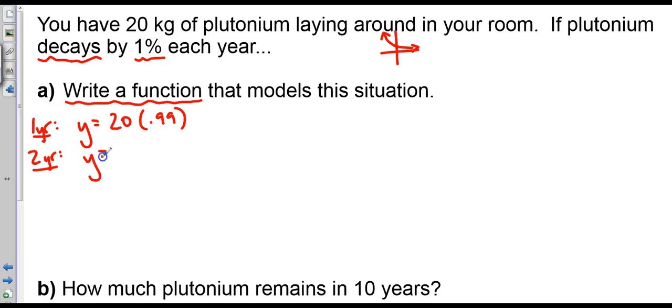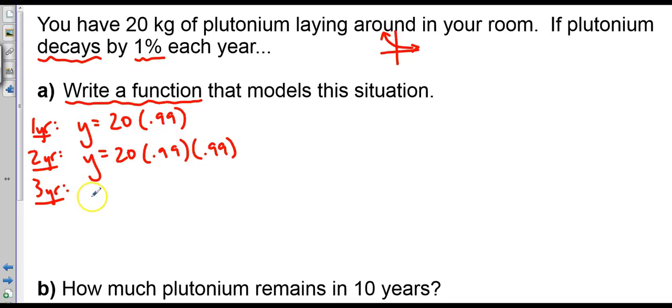Well, essentially what's going to happen is we need to take the amount that we had here and then multiply it by 0.99 again. So we take what we had after 1 year, which is just 20 times 0.99, and we're going to multiply by 0.99 again. How about 3 years? So we check out 3 years.